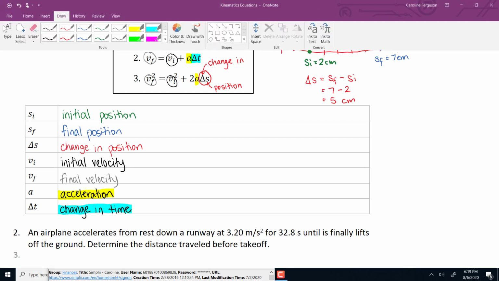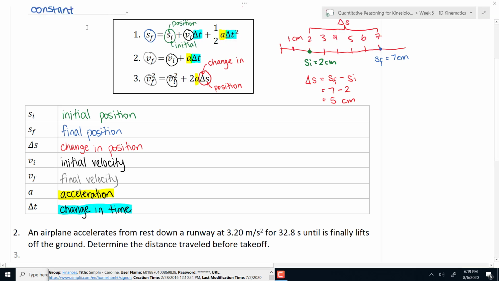Okay, so what that means is, let's say I'm running a race and I start the race at 5:15 p.m. and I get to the end of the race, so that would be my initial time, t initial.